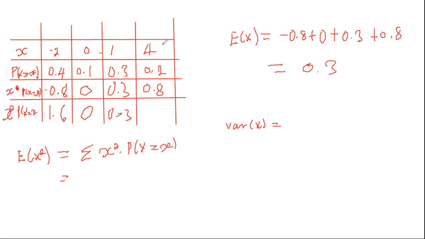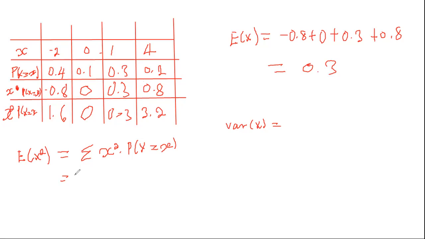Then 4 squared is 16, and 16 times 0.2 is 3.2.